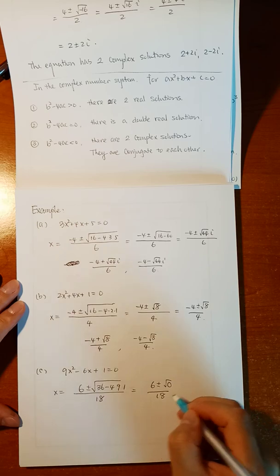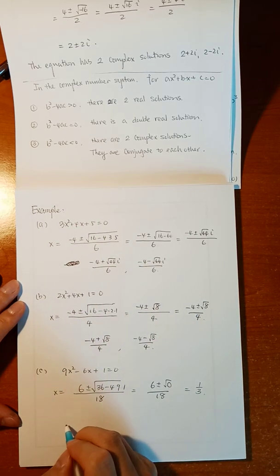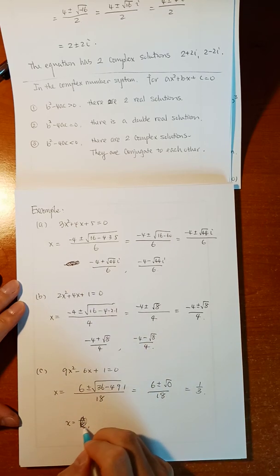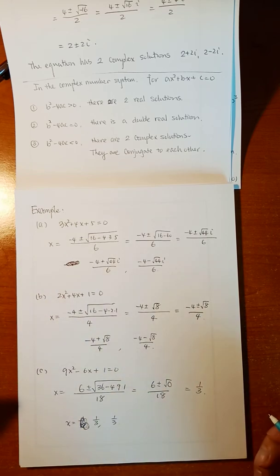Just 6 over 18, 1 over 3. So x is 1 over 3 and 1 over 3. A repeated root, plus 0 and minus 0. A repeated or double root.